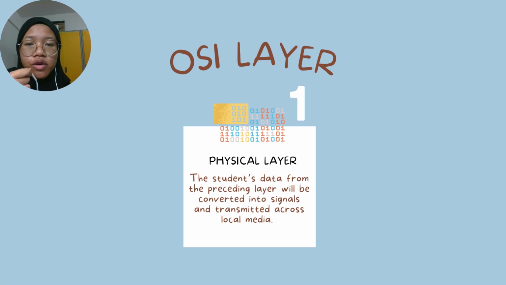The first layer of the OSI layers is the physical layer. The student's data from the preceding layer will be converted into signals and transmitted across local media.